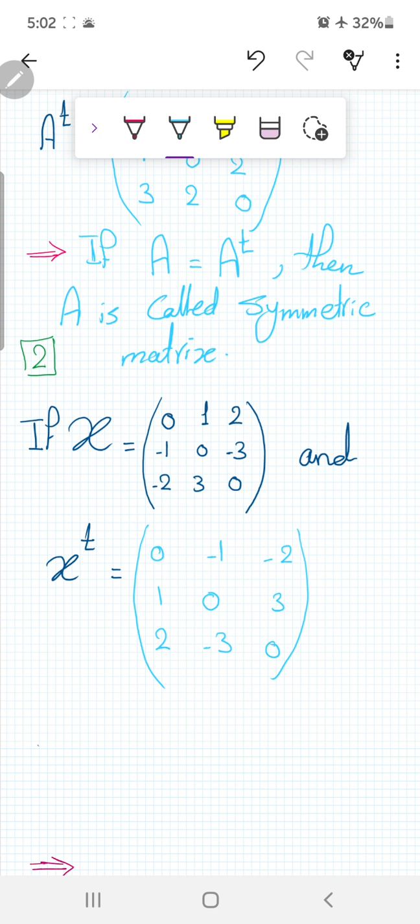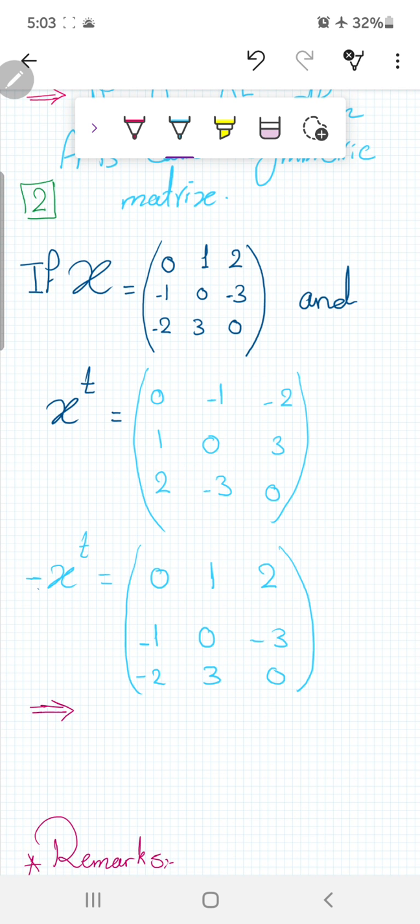What about multiplying it by -1? Negative X transpose. So multiply every element here by -1. 0 by -1 will be 0. -1 by -1 will be 1. -1 by -2 is 2. Here -1, 0, -3, -2, 3, 0. What did you notice?